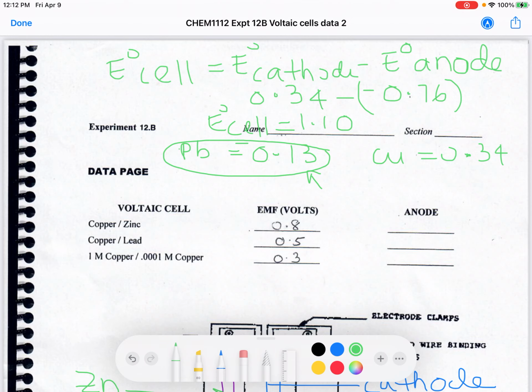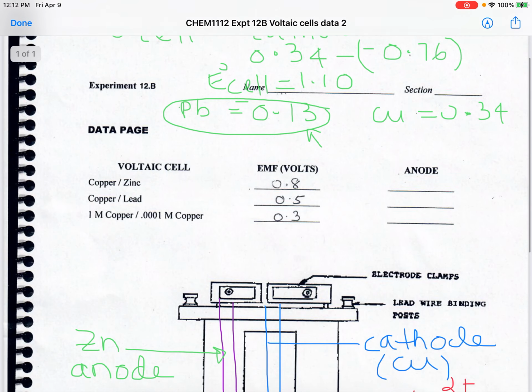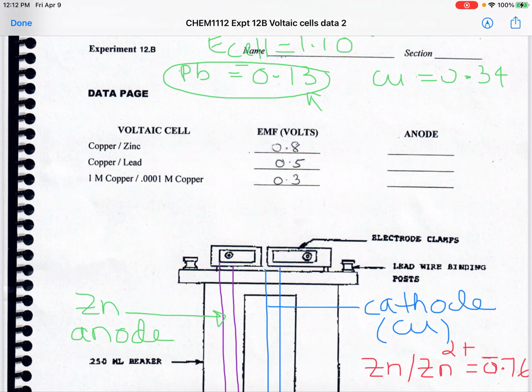And then the last one, you have 1 molar copper solution and 0.001 molar copper. Now in this one, which one is going to be your anode, which one is going to be your cathode? Remember we talked about concentration cells. So in the concentration cells, what is happening?